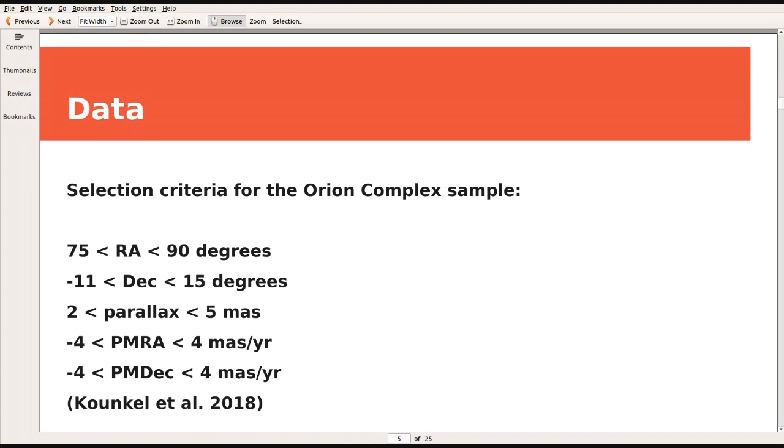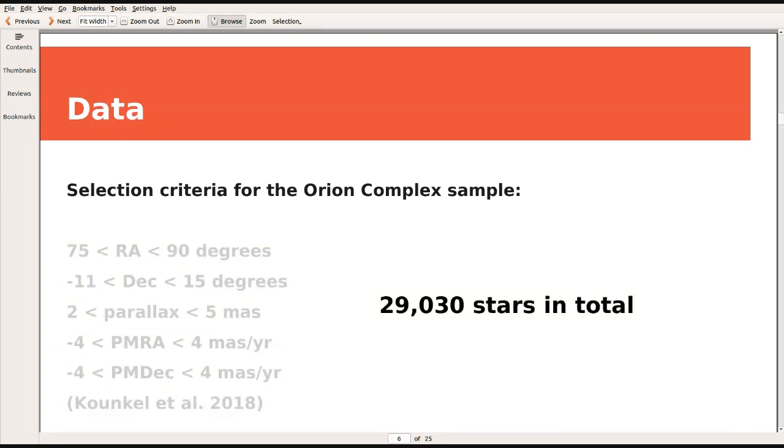In addition to that, we are imposing a quality cut from Gaia using the renormalized unit weight error, RUWE, less than 1.4. That information is available from the Gaia technical notes. In total, we got 29,030 stars, and this will be our sample for this study.